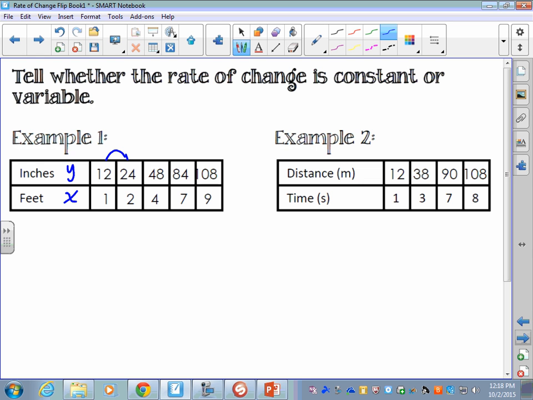So it goes from 12 to 24, that's plus 12, right? Then 24 to 48. Isn't that plus 24? Yeah. Then 48 to 84. Plus what? 36.